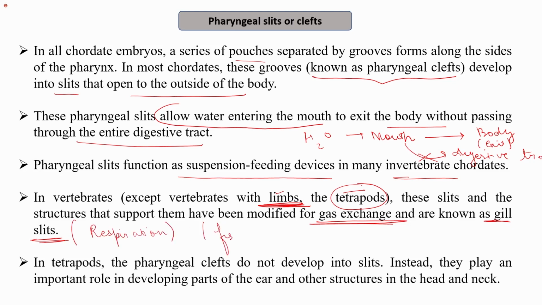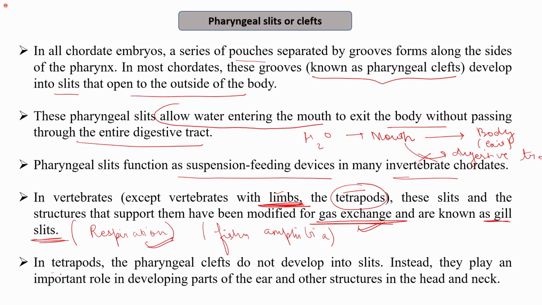For example, we know that all the fish, and amphibia which do not have limbs, that is, which are not tetrapods, in such cases the pharyngeal pouches have been modified into gill slits, which allow for gaseous exchange and therefore help in respiration.